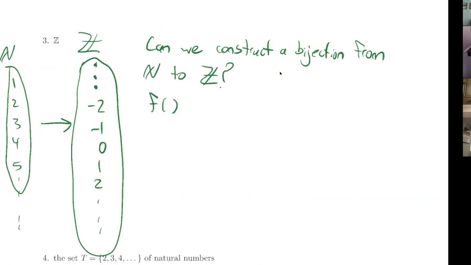So let's think about how we might define this. I'm going to call this function f. So I'm going to pick f of 1 to map to 0. So there we've mapped 1 over to 0.